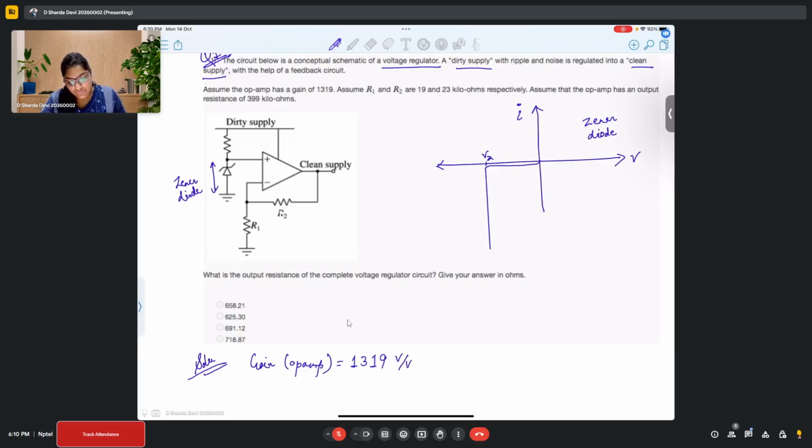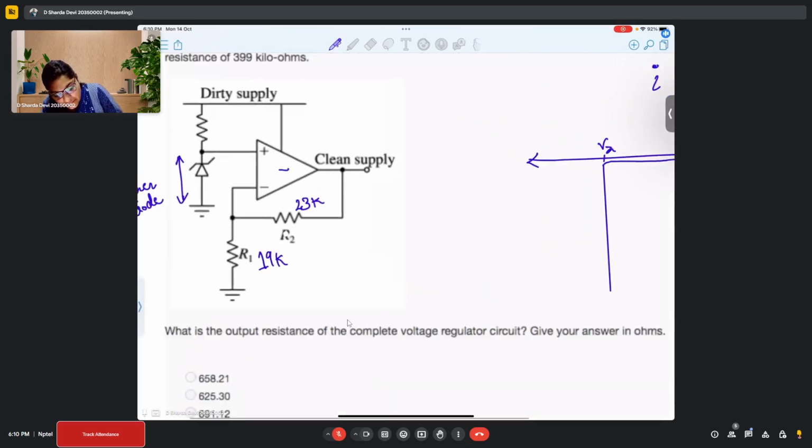R1 and R2 are 19K and 23 kilo ohm resistors. Assume that the op amp has an output resistance of 399 kilo ohms. So here there is an output resistance, as we all know, in the op amp. Considering that this is my output resistance, the value of which is 399 kilo ohms.